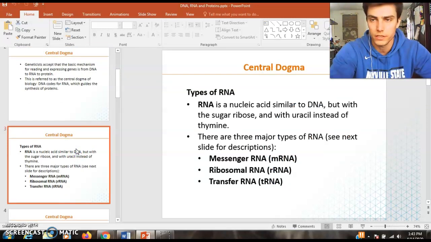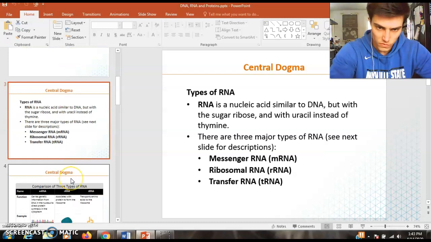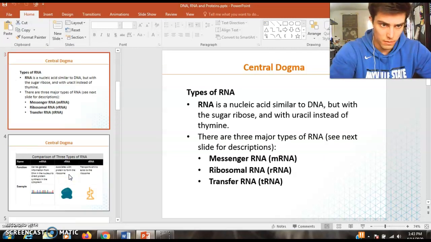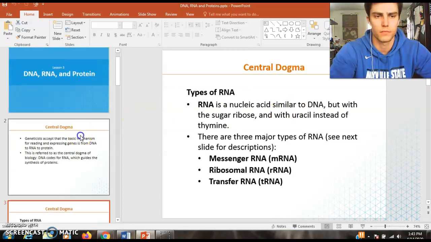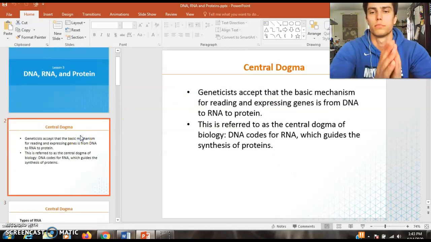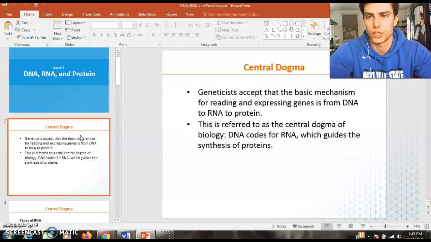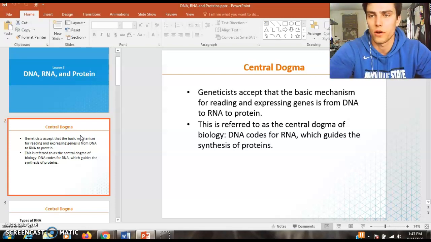Yes, there are different ones. If we are RNA, we have uracil, not thymine. And the last and most important thing: please understand that transcription is going from DNA to RNA, and translation is going from RNA to a protein.